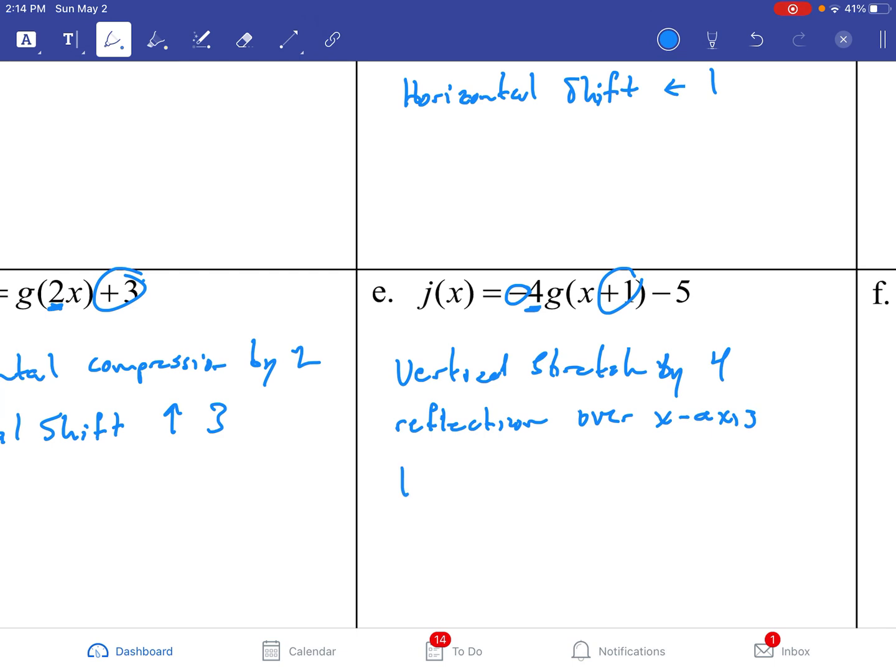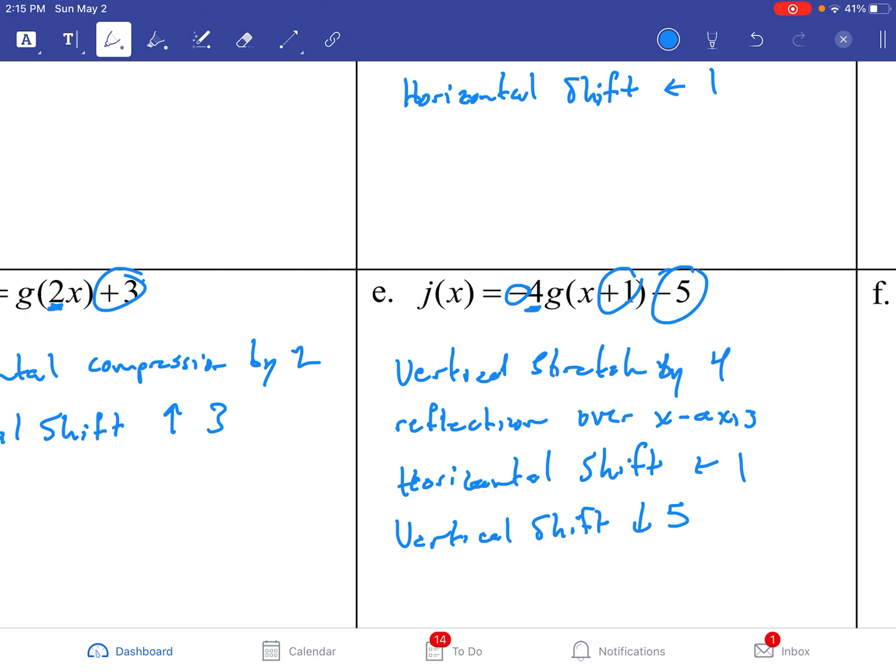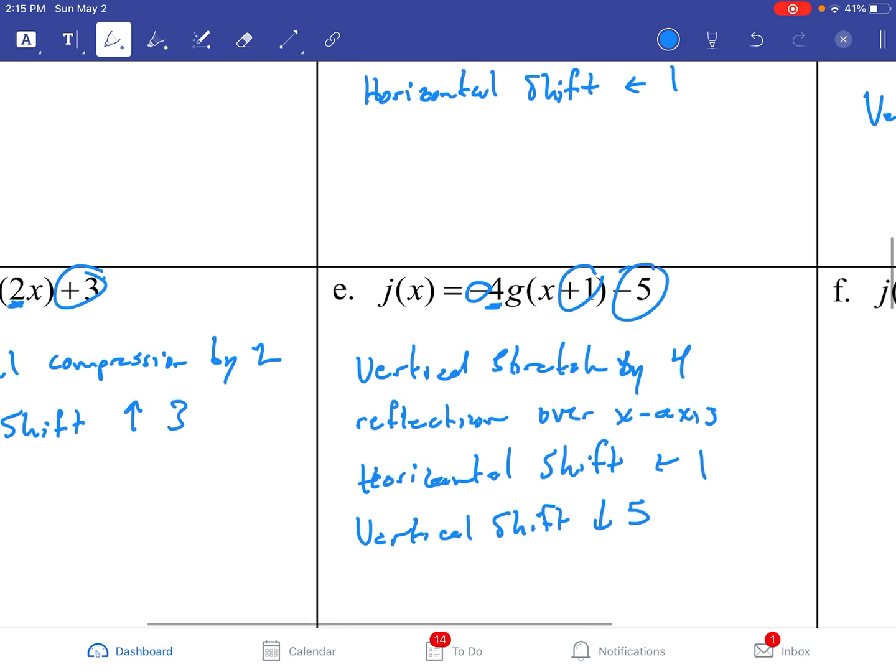That is a horizontal shift. And since it's plus, it's going to the left by 1. And last, we have a minus 5, which is a vertical shift. That is down by 5.